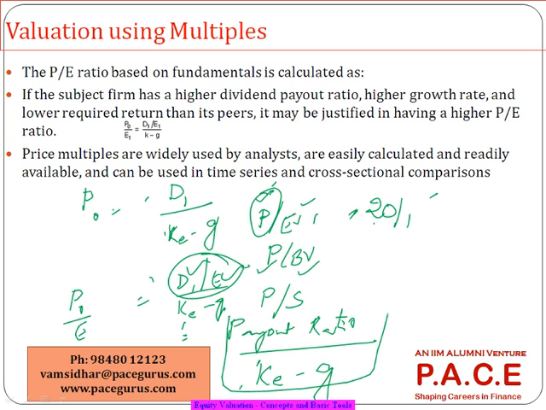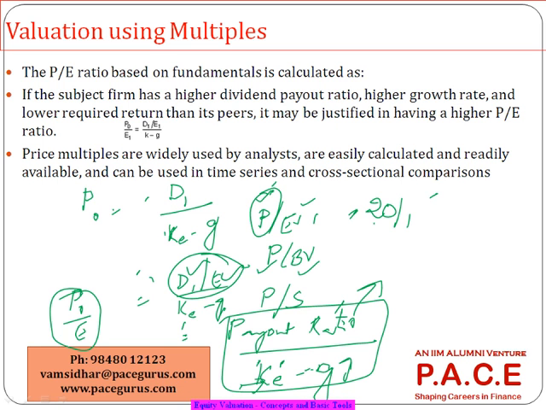So you may have to talk about in what scenarios the P by E will go up. If the payout ratio is going up, then the P by E is going up. If the KE is going up, then the P by E will come down. If the G is going up, then the P by E will also go up.